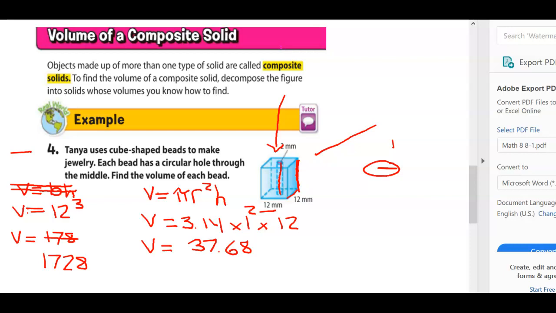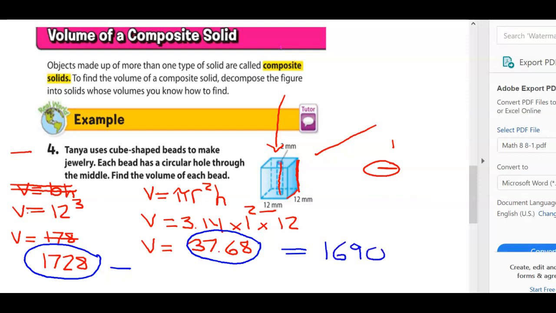So I'm going to take the entire thing here, which is 1728, and then I'm going to subtract 37.68. And that is going to give us 1690.32.